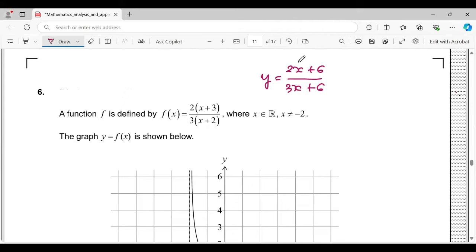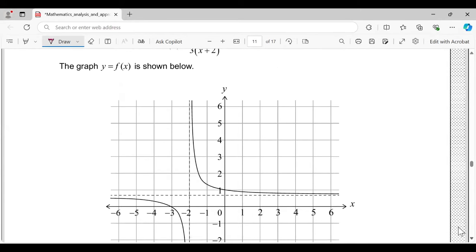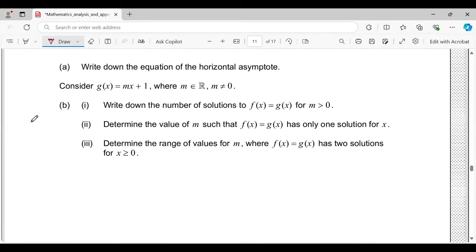So comparing between 2x and 3x, the horizontal asymptote is 2x over 3x, so equals 2/3. So we can write here that the horizontal asymptote equation is y equals 2/3. This is the horizontal asymptote.